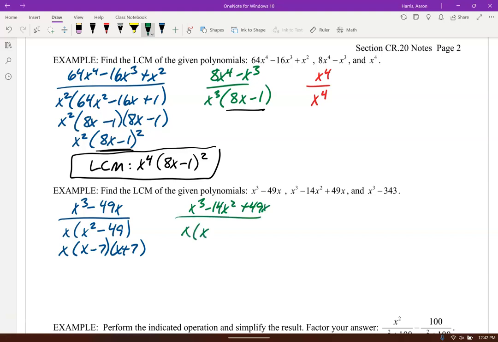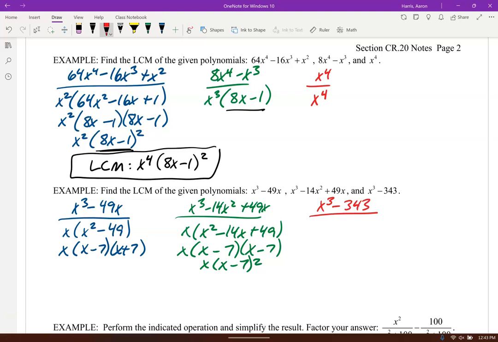Take an x out of this. Notice that'll factor into x minus 7, x minus 7. And then this last one, you remember a cubed minus b cubed factors into a minus b, a squared plus ab plus b squared.